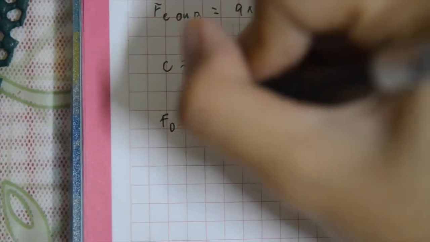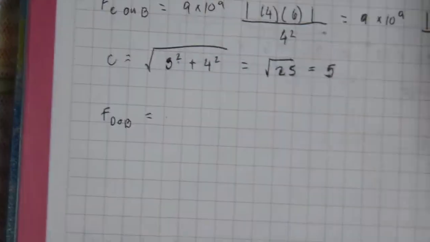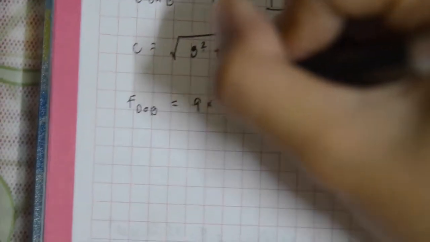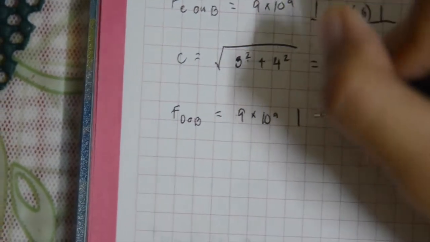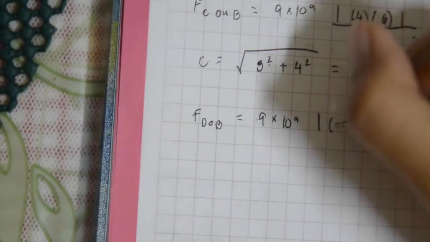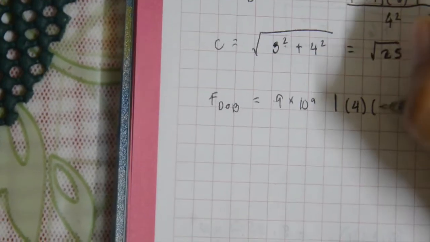Now we can start solving for the force exerted by D on B. Let's go back to the formula and input values. 9 times 10 to the 9th. Then Q1 is B, so that's 4. And Q2 is negative 8.